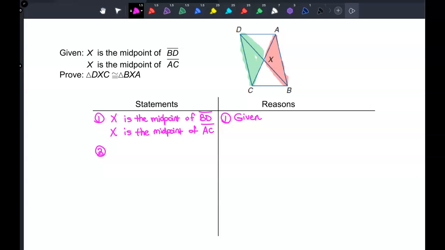Perfect. AX congruent to XC. You can also use the same reason to say DX congruent to XB. And remember, it doesn't matter the order of the letters for segments.